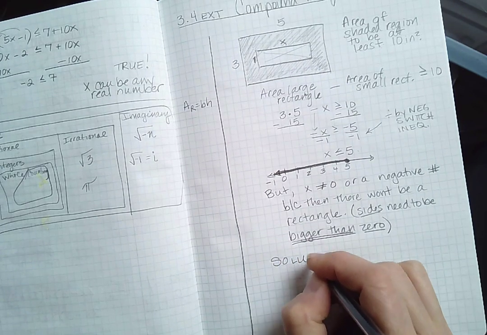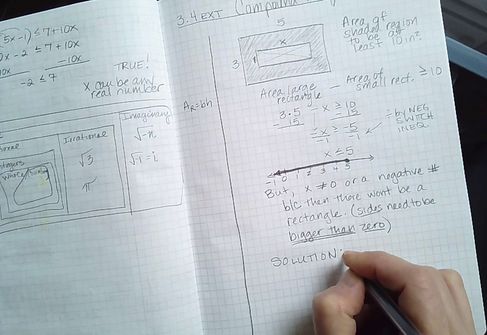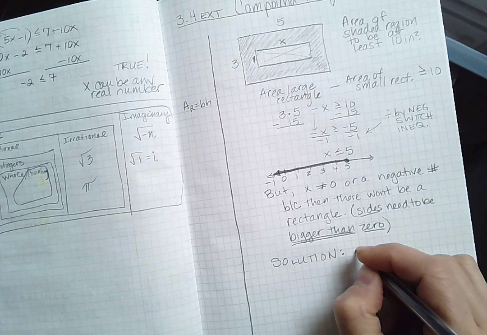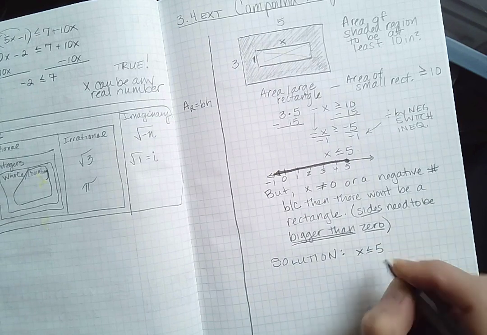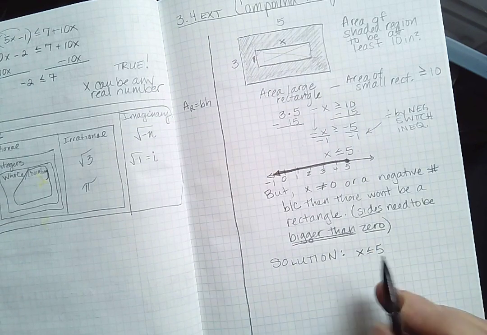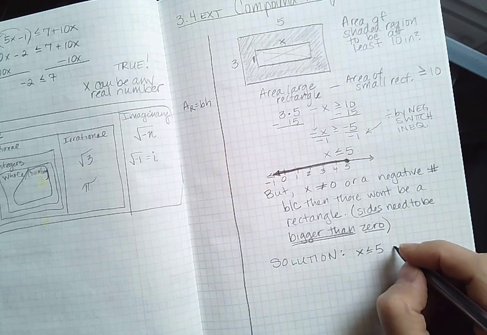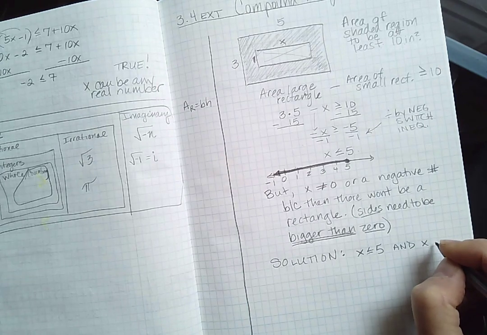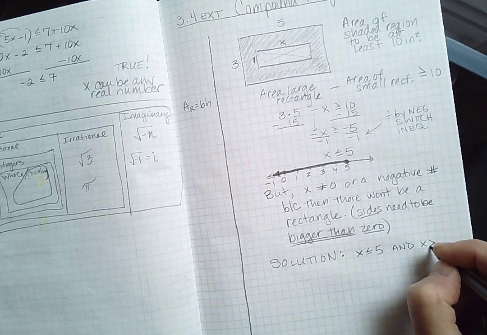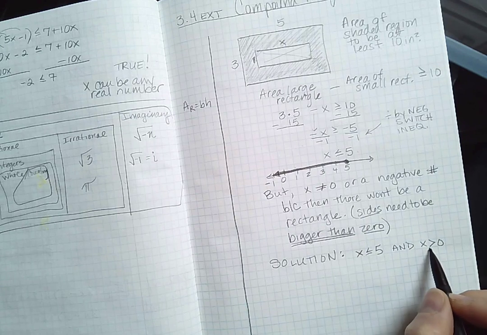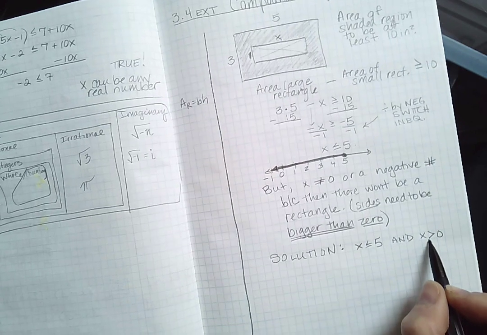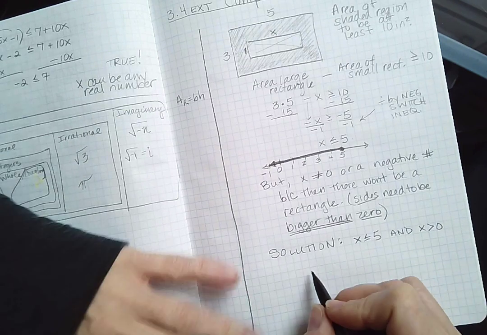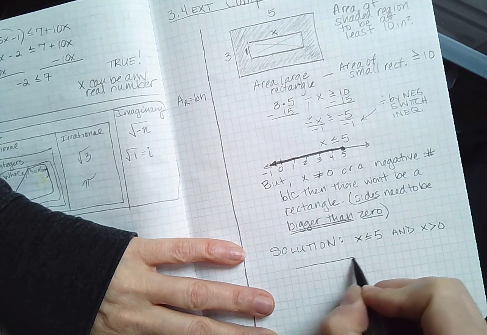So what's my solution for x? Here's my solution. I'm going to say that x has to be less than or equal to 5. That was the first thing that we talked about. But at the same time, and x also has to be bigger than 0. It can't be equal to 0, so I'm not going to put an equal on there. It can't be 0. Let's see what that would look like if I graphed those solutions.